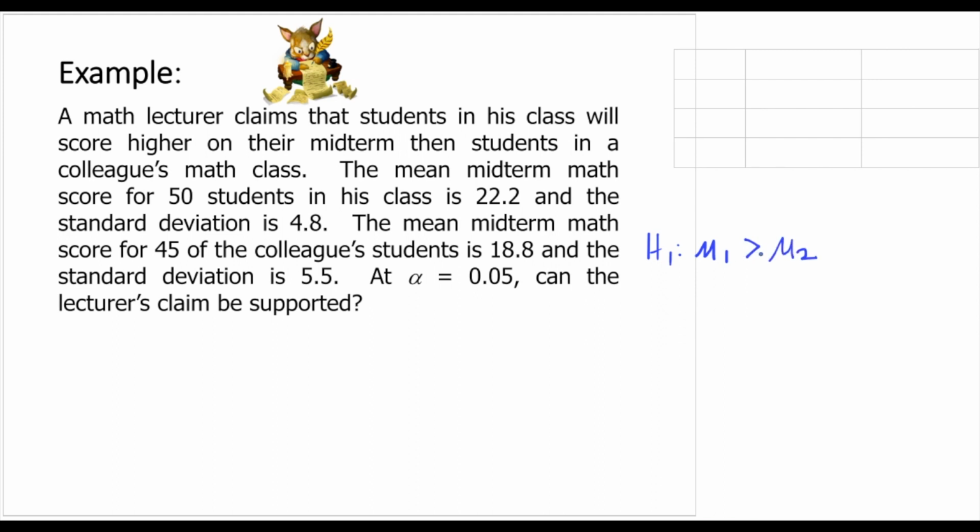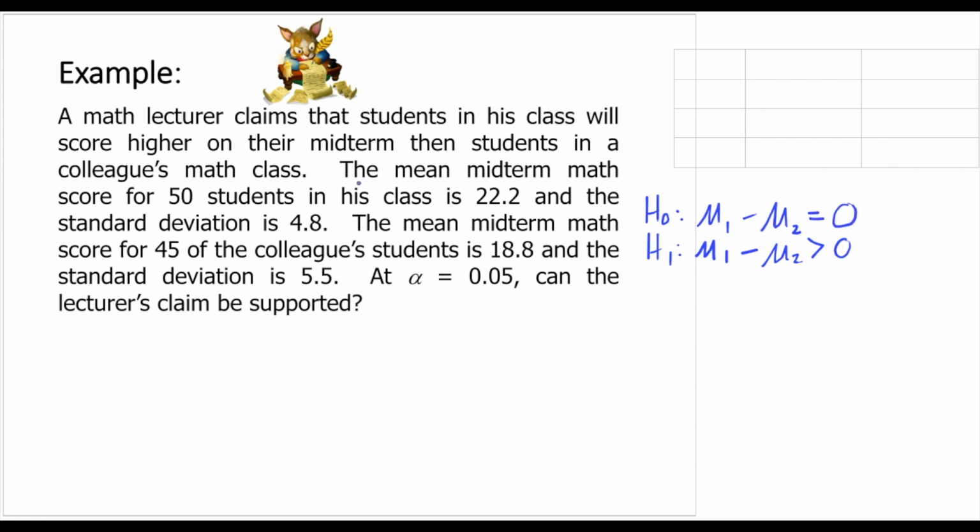And because this has no equal sign, it goes to the alternative hypothesis. So you could write it this way, or you could write it in this way. Mu 1 minus mu 2 is greater than 0. I'm going to keep it this way. So the null hypothesis would be the scores are the same, or it is less than or equal to 0. I'll just leave it as equal to 0.